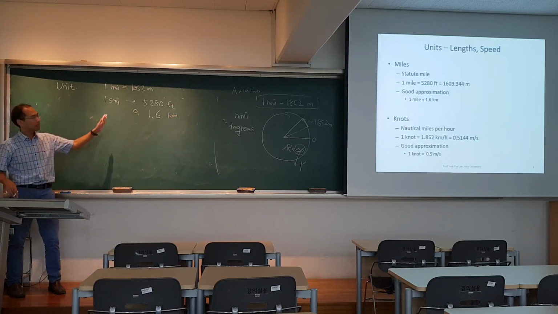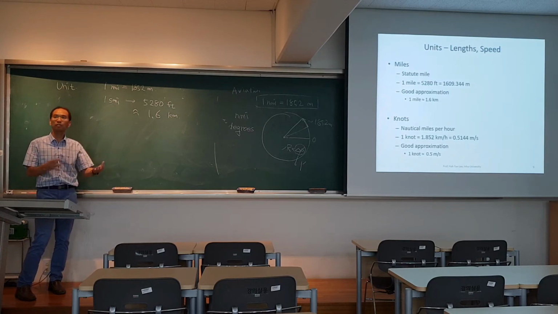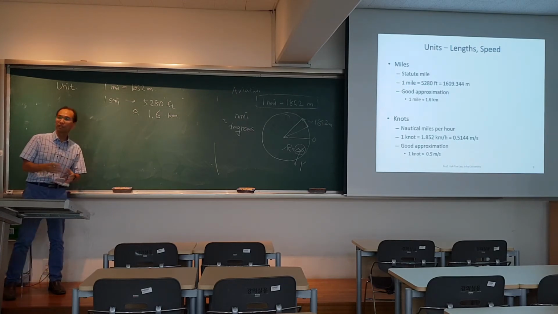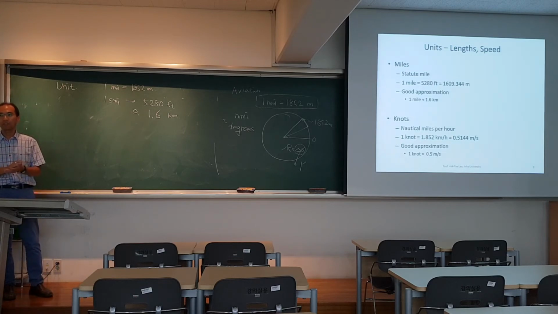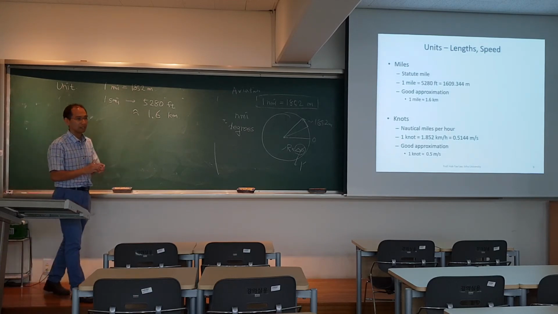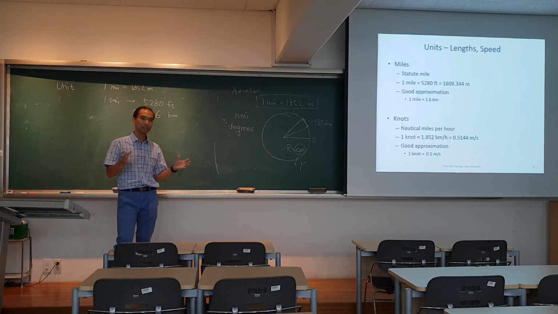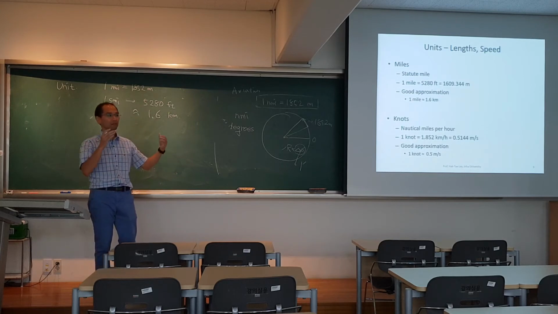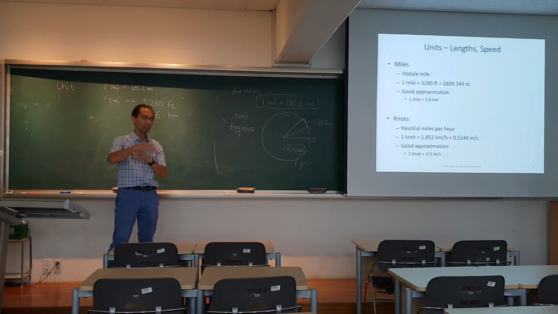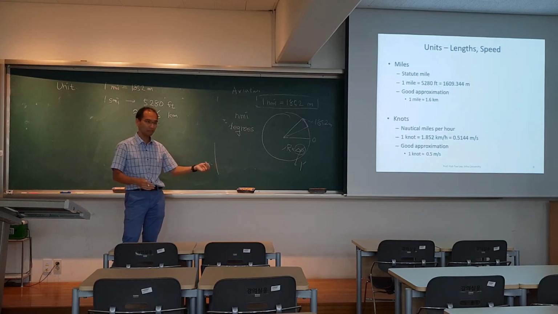Now, usually the statute mile is not used a lot in aviation, other than the requirement for the cloud clearance. The cloud clearance means if you are flying VFR, then the pilot has to stay outside of the cloud, cannot go inside the cloud, because if you are in the cloud, you cannot see anything else.